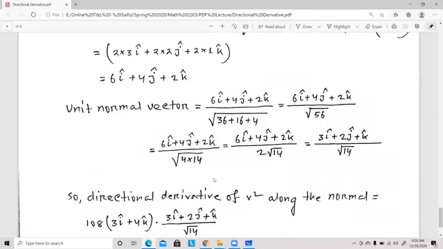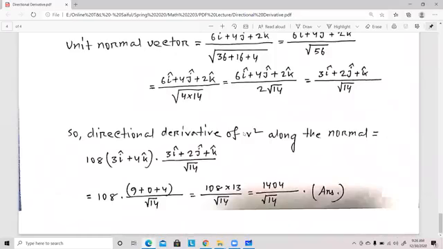The directional derivative of v square along the normal, this 108i plus 4k, which we already showed, and the unit normal vector comes from here.